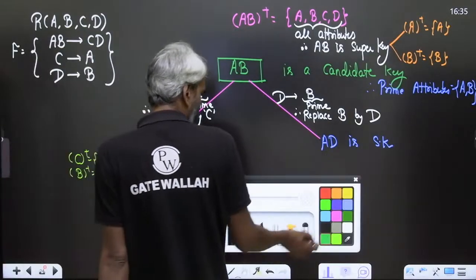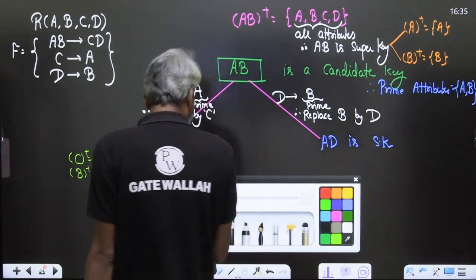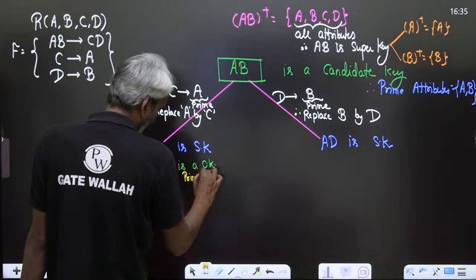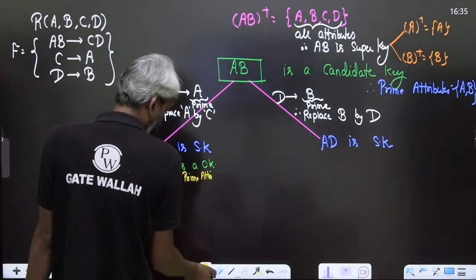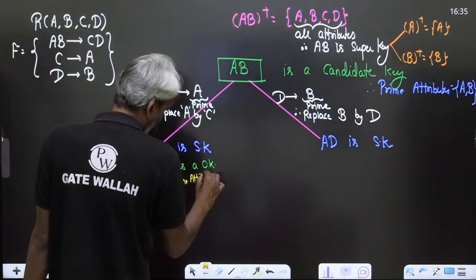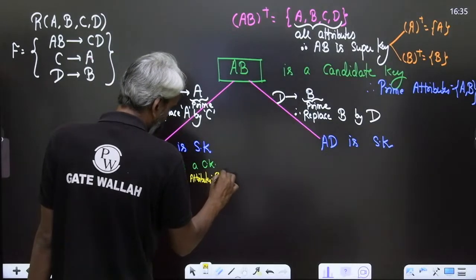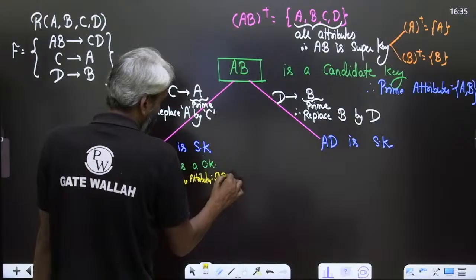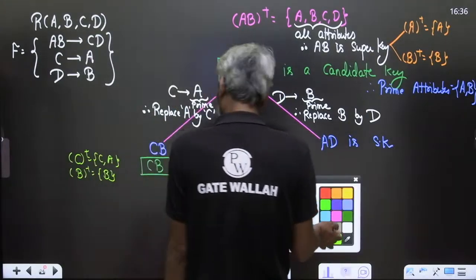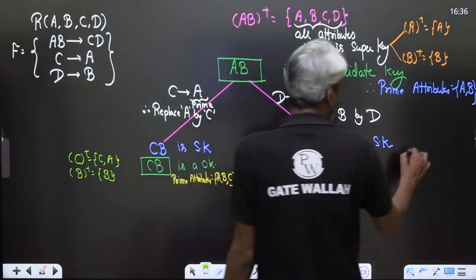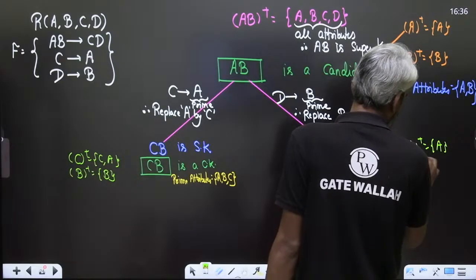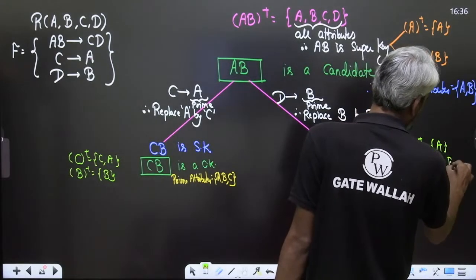As soon as you find any candidate key, you can specify the set of prime attributes. So what will be the new set of prime attributes? A, B were already the prime attributes. Now the prime attributes are A, B, C. Here, A closure is A only, D closure is D and B only.